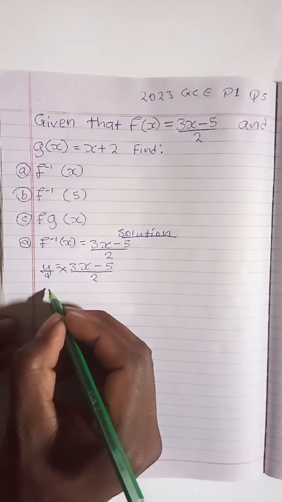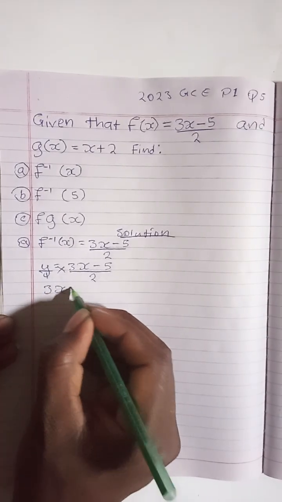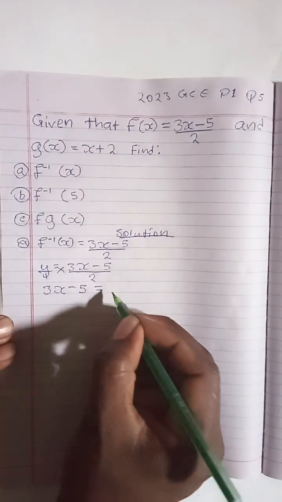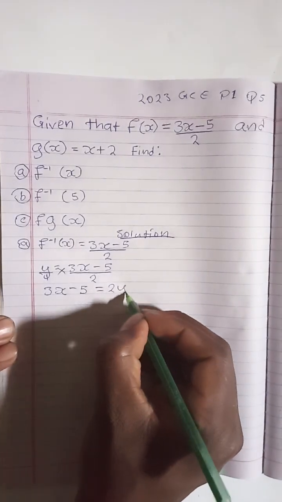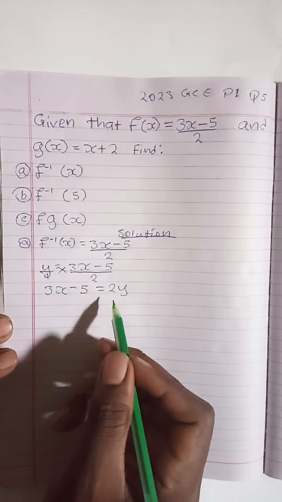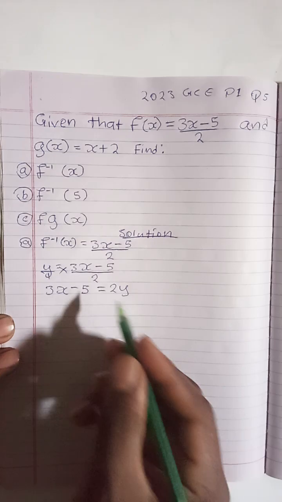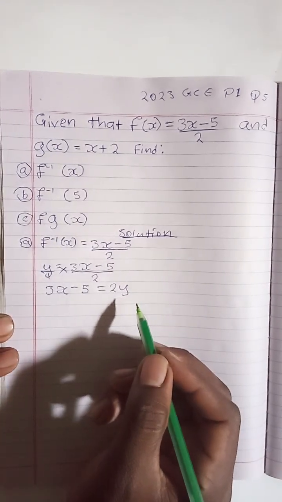So here we are going to say 3x minus 5 is equal to y times 2, which is 2y. Now it is simple to make 3x the subject of the formula because we will just make this -5 jump the equal sign.